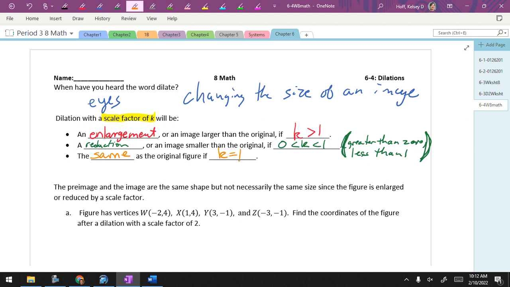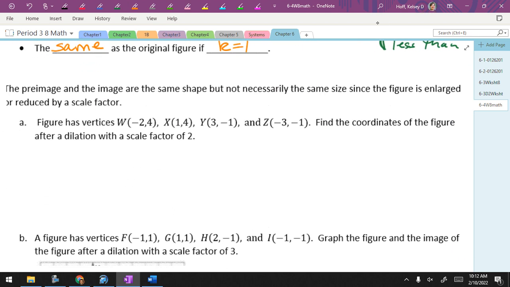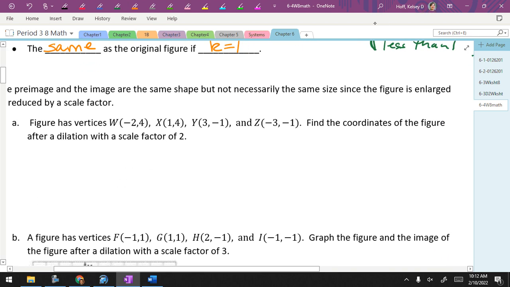Do you guys multiply? You can do today's dilations. Dilating means you multiply by that scale factor. So part A says, a figure has the vertices W, X, Y, and Z. Right here, I'll highlight those. Find the coordinates of the figure after a dilation with a scale factor of 2.